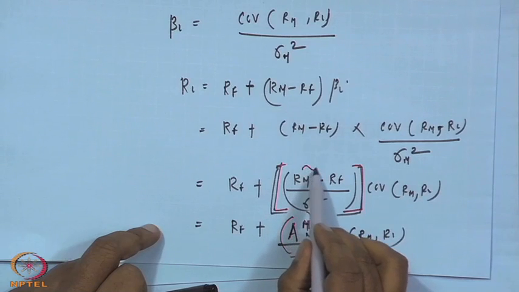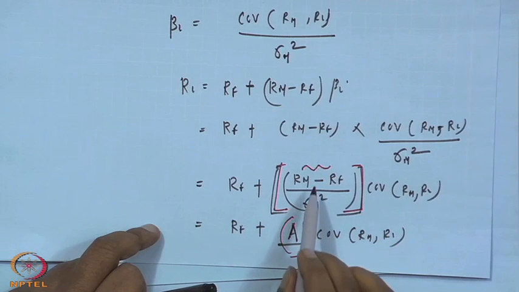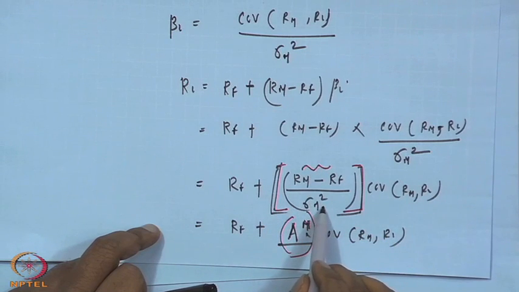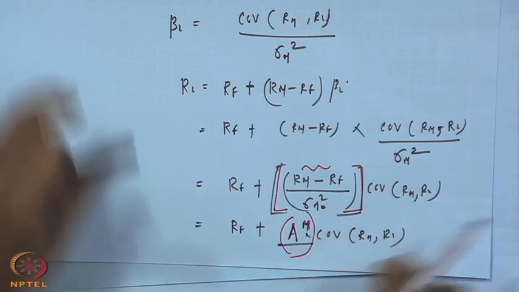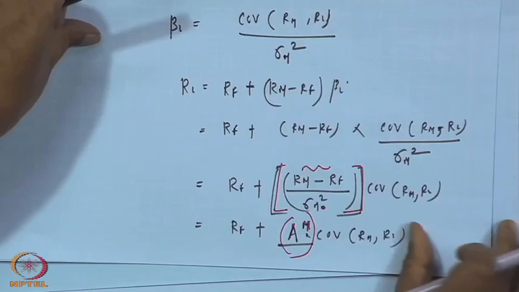This part, the risk premium divided by the volatility of the market, we are calling Am. Am is the aggregate risk aversion index, which we are putting separately.